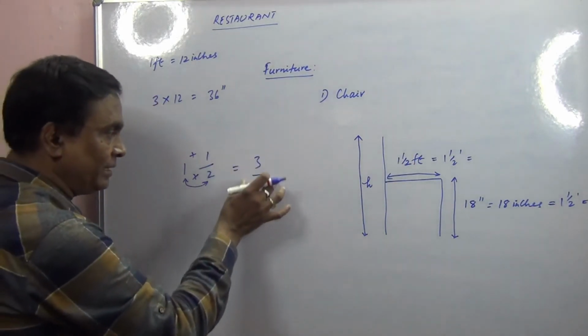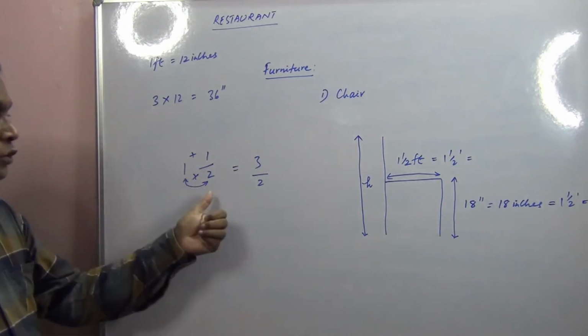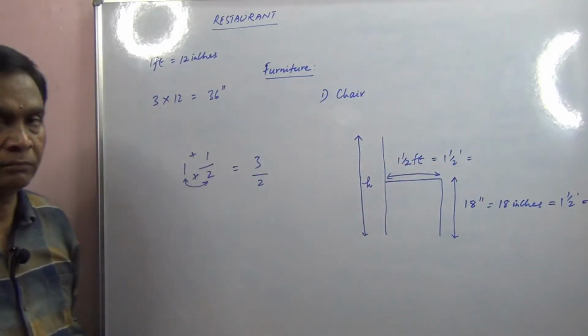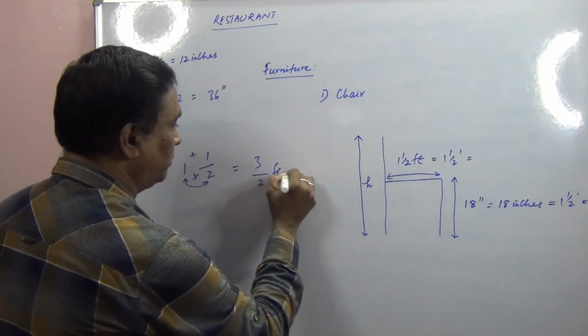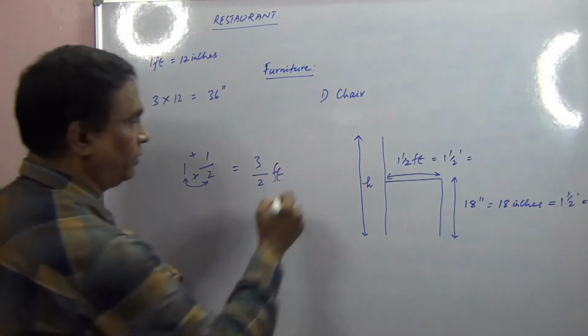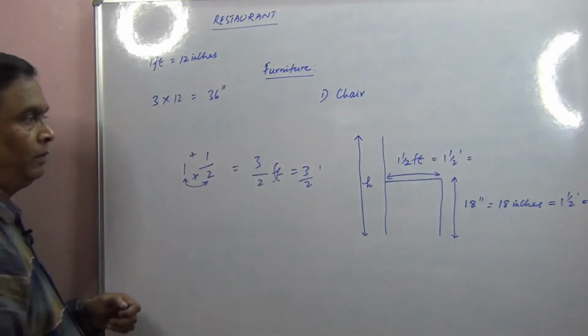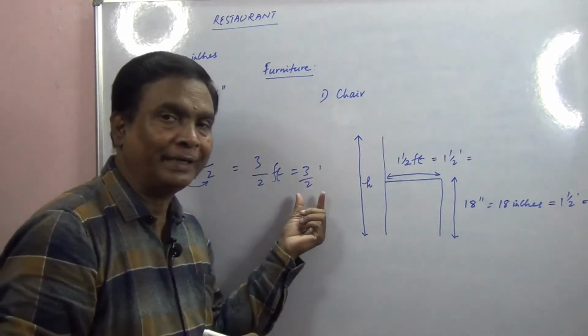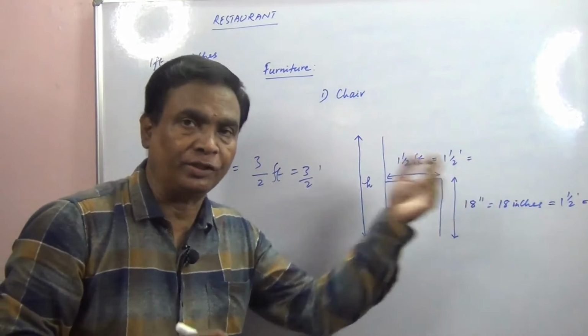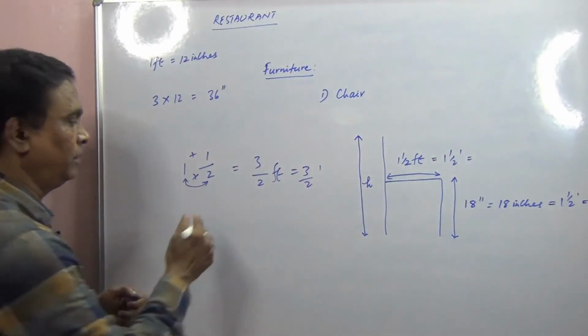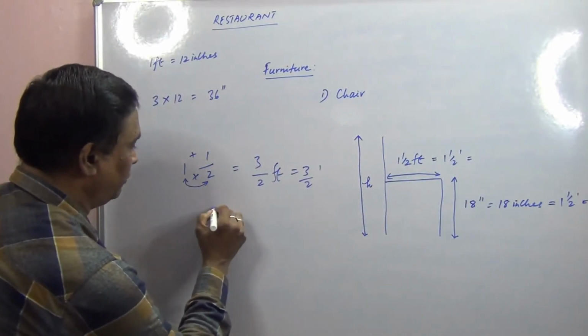Okay, and this fraction is also in feet. You can also write it as 3 by 2 feet. But I don't want it in feet, I want to convert into inches. Now how do you convert?